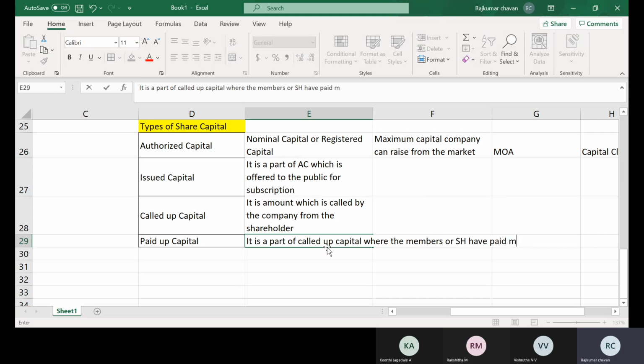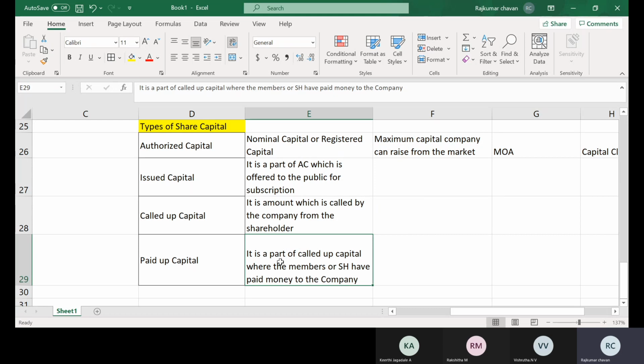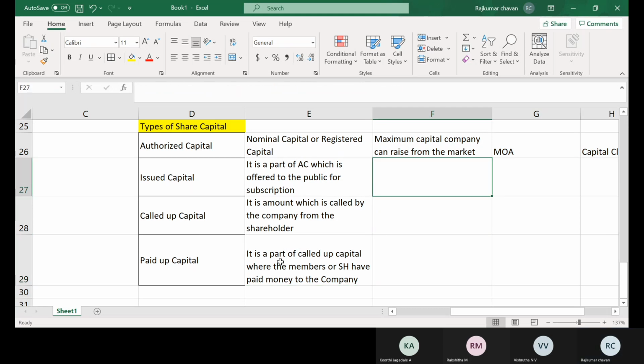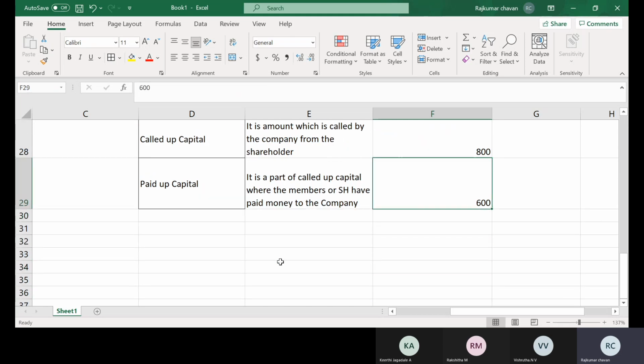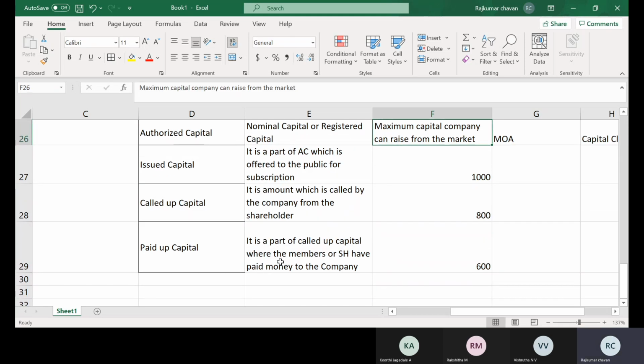So what is the meaning of this? Issued is, let's say, 1000 shares. Called up is 800. From 800, 600 paid. That is the actual process. So which is the real capital of the company: 1000, 800, or 600?